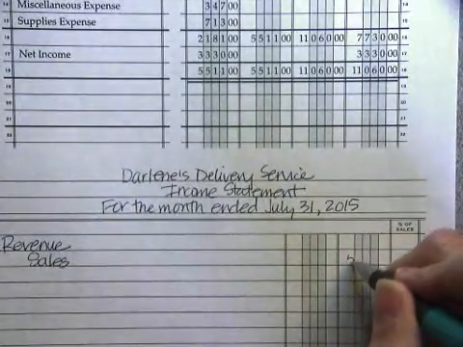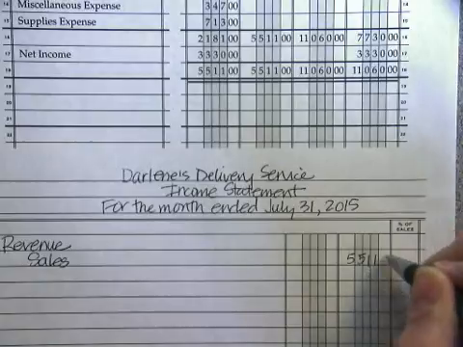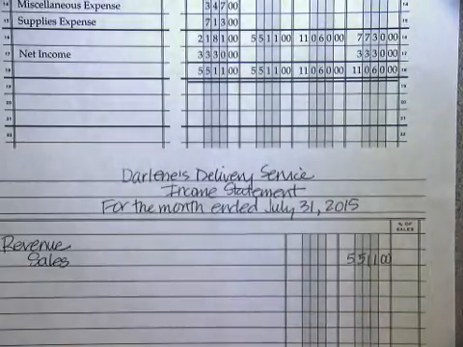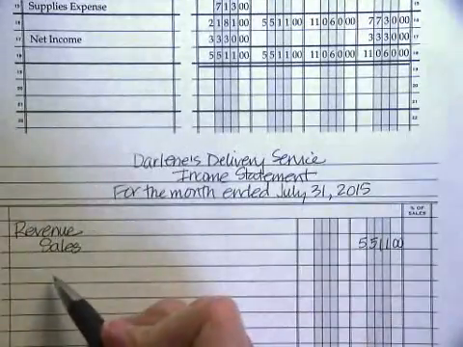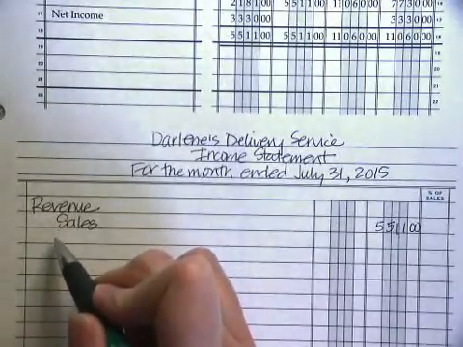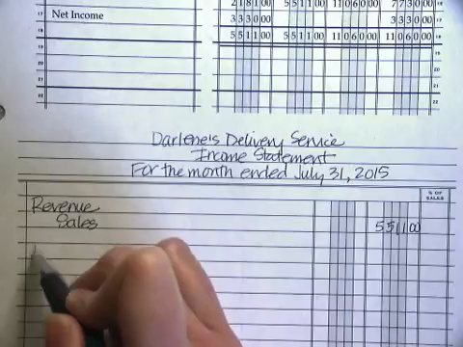So we're going to put that right in the second column. And that's all we need for the revenue section because there's only one account. Okay. Now our expenses. On reports, if you want to leave a blank line in between to really show your sections, you can do that.